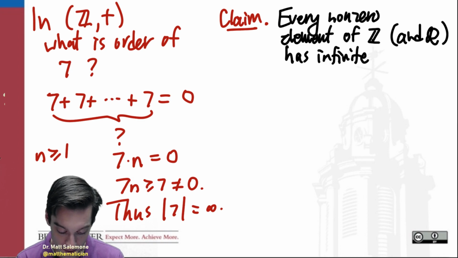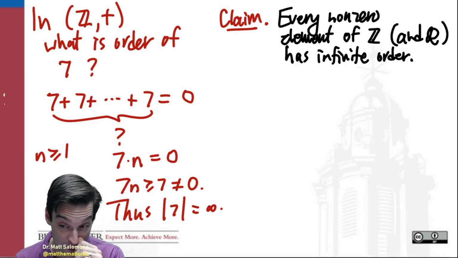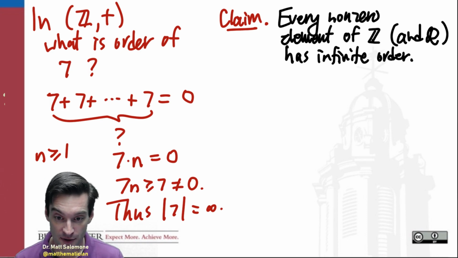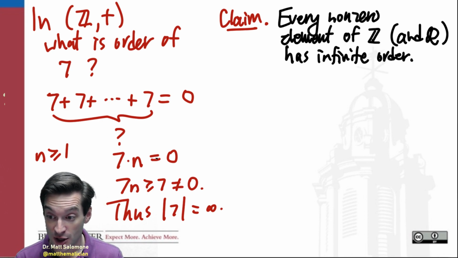And of course, 0 has order 1, right? Because it's the identity element for both groups. Again, this doesn't take too much persuasion to convince you why picking any non-zero element, if I add it to itself repeatedly, it's never going to wrap back around to 0 when the operation is the ordinary addition that we know and love of both integers and rational numbers.